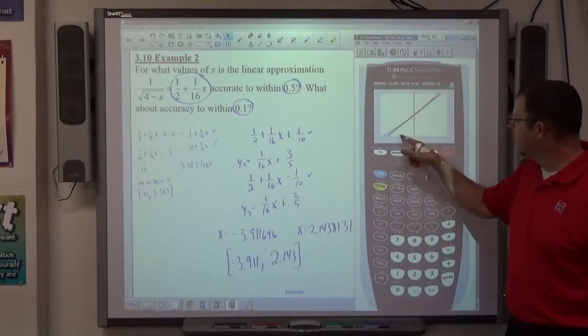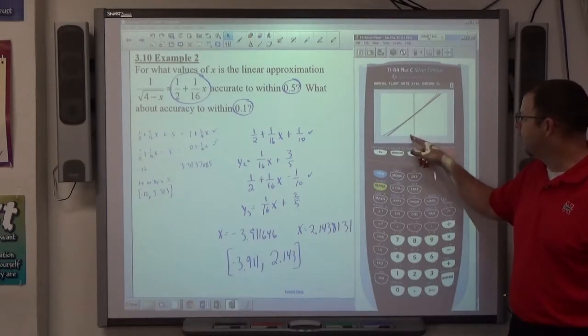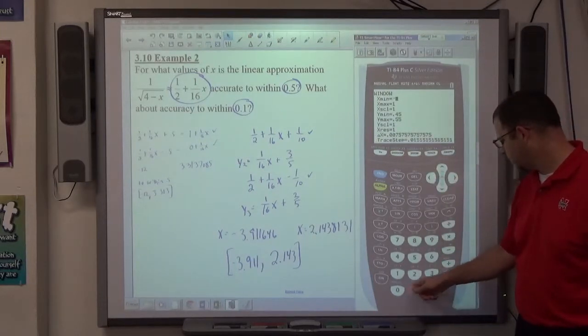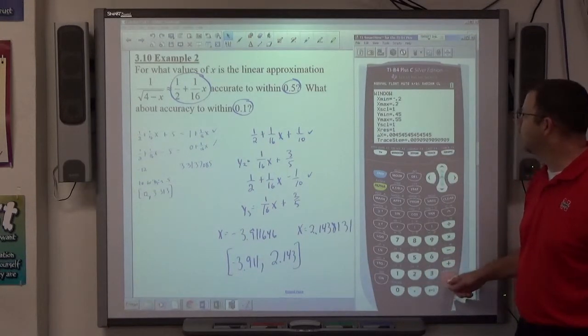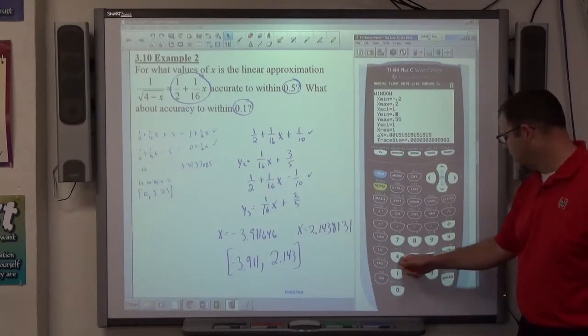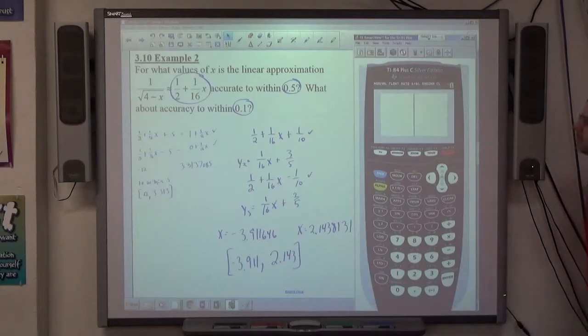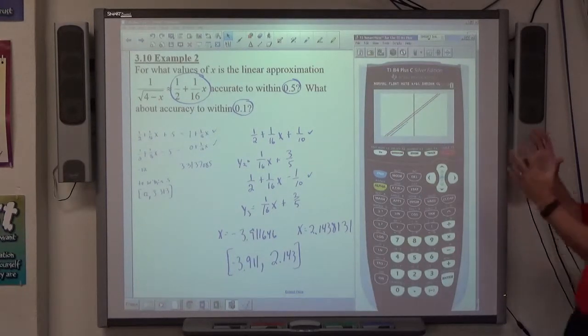So if this is -1 to 1, I might need to go from negative 0.2 to 0.2, and get in a lot closer, like maybe 0.49 up to 0.51 to get a closer look at this. Looks pretty close to being the same. It's actually outside the window there. So I went too close in, right?